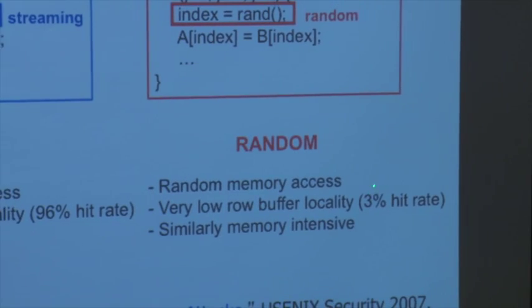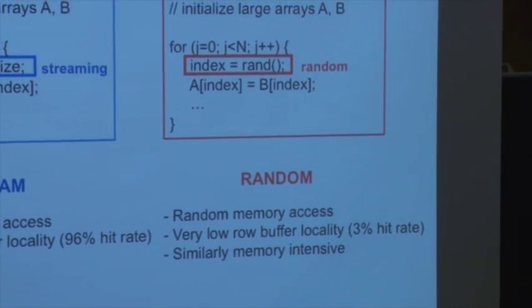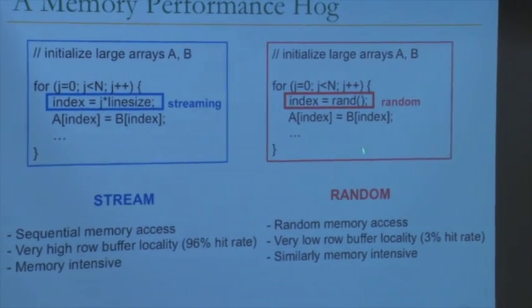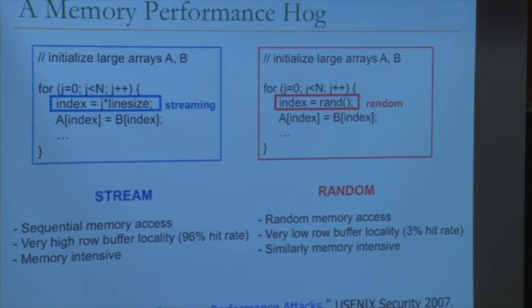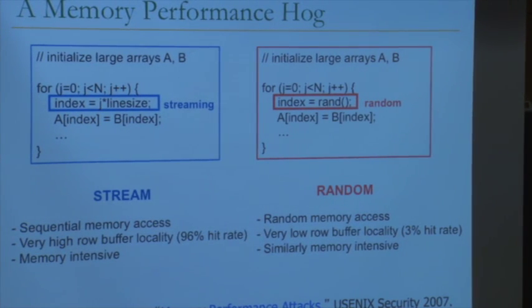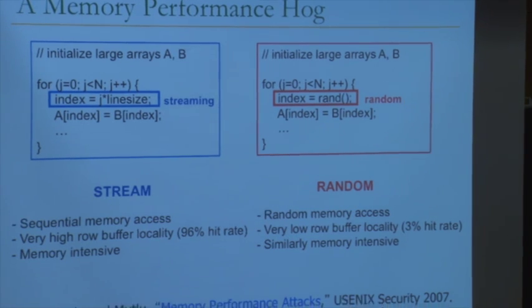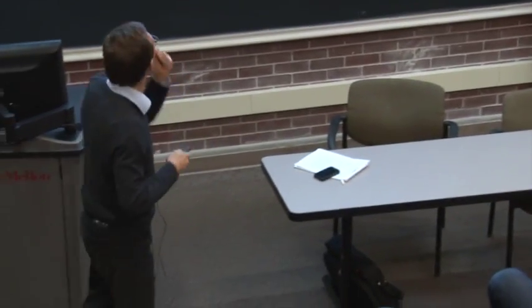In fact, this has, surprisingly, a 3% hit rate in the row buffer. And this is similarly memory intensive, because if you are accessing your arrays randomly, the likelihood of getting a cache hit within that array is low. We will see all of the operations of caches during this course. So if you didn't understand my last sentence, again, wait.